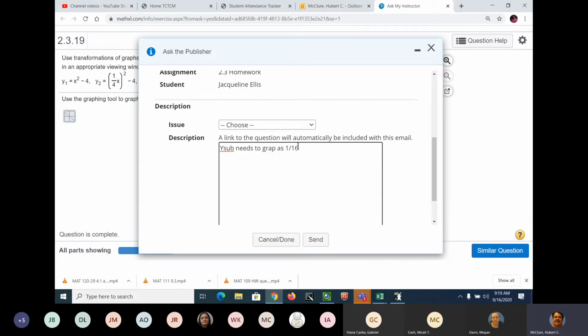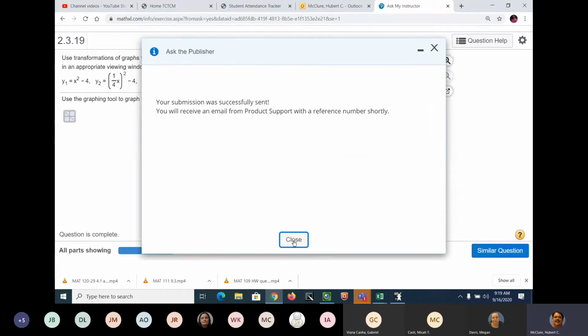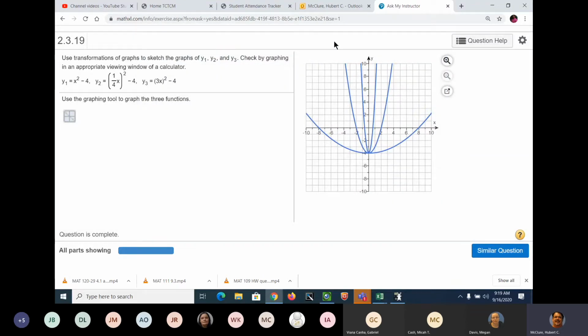Y sub 2 needs to graph as 1/16. And I doubt I'll get anything back. I've sent it many times. All right, so that's that question.